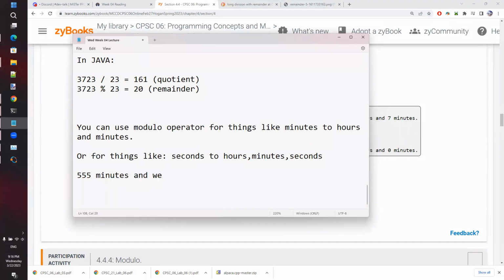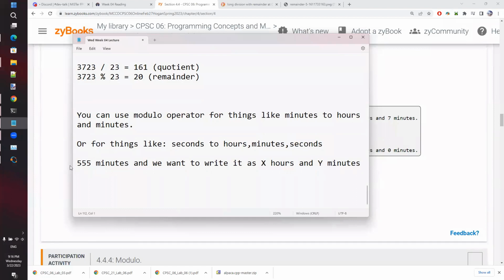And we want to write it as X hours and Y minutes, right? We're not good at thinking about minutes. So how many hours is 555 minutes? I don't know. I'm not good at thinking about that.